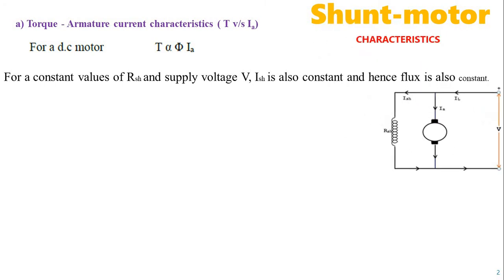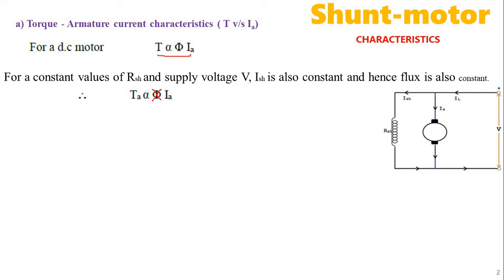For the DC shunt motor, Ta is directly proportional to flux into armature current, but in case of shunt motor, flux is constant, so flux is neglected and torque is directly proportional to armature current.